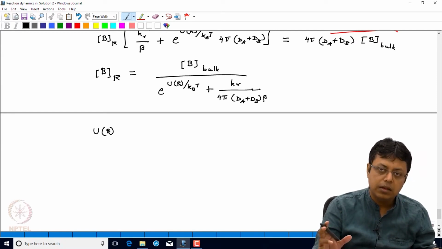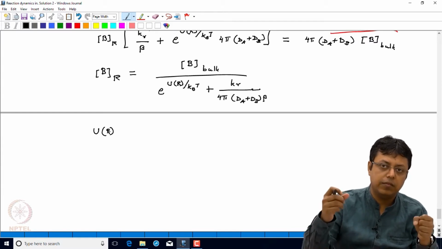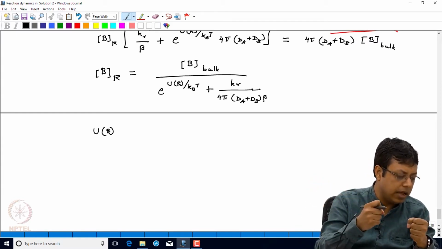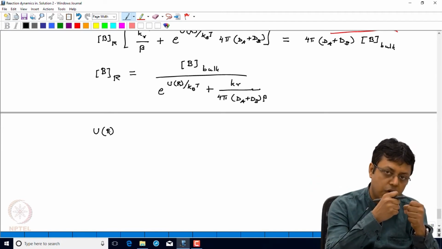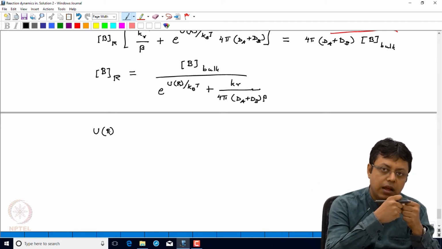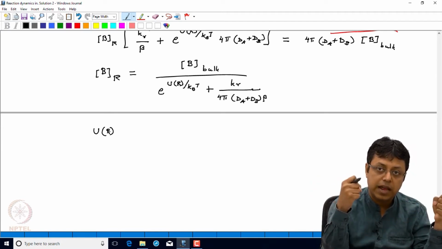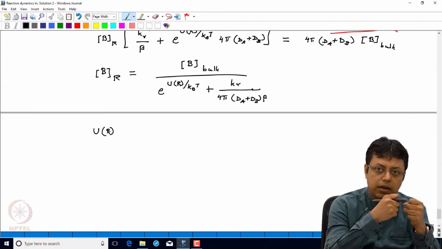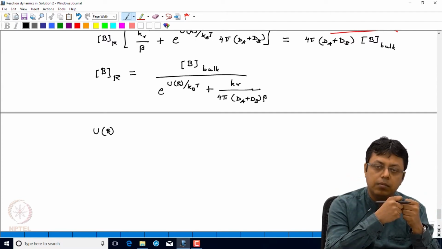Why? The reason is you can think about it, at infinity it is 0. Now if we assume that the two ions are in contact, then when they are far apart, there is a potential acting on them. So there is a huge potential energy between them, but when they are in contact, they are kind of in an equilibrium position.